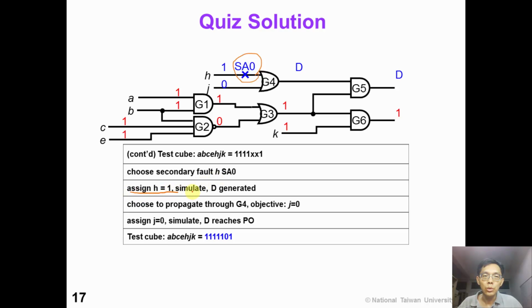So we assign H to 1, we run the simulation, and we generate a D. If we want to propagate through G4, then we assign J to 0. And after the simulation, the value D reaches the primary output. So we generate a test 111101. This is a fully specified test pattern because all the bits have been specified.